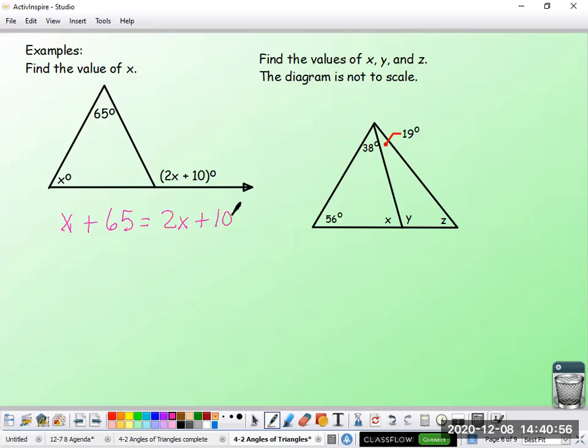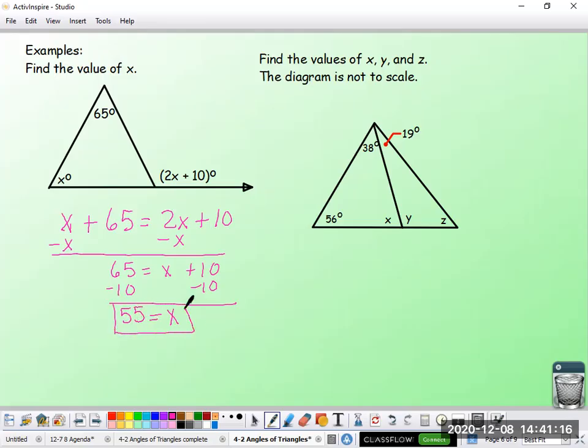And all we have to do is our algebra. Subtract x from both sides. 65 equals x plus 10. Subtract 10 from both sides, and we find that x is just 55. And that's all we had to do, is find the value of x.